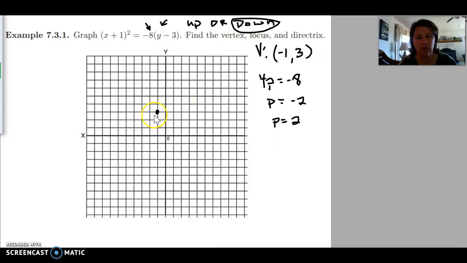So this is our vertex here. Our focus is going to be down. So we're going to go down a distance of p, which is 2. And then our directrix goes in the opposite direction, and it is just a line. I'm just going to make a dashed line across there for our directrix.